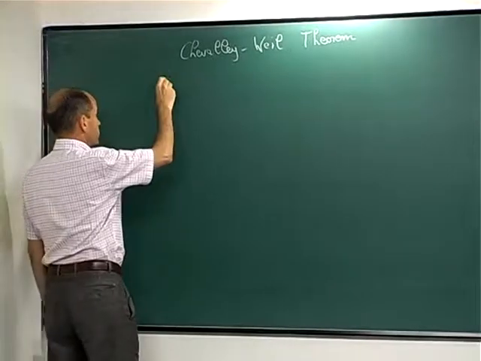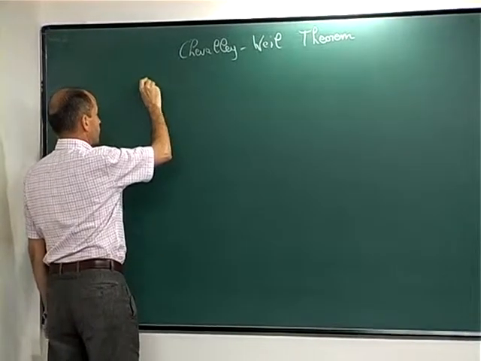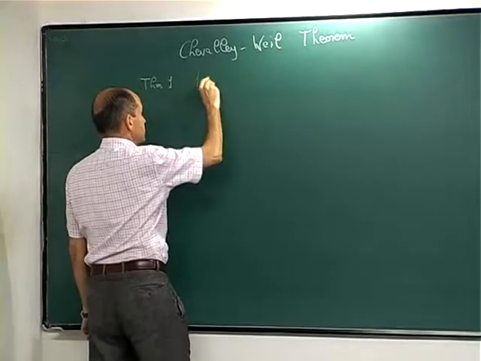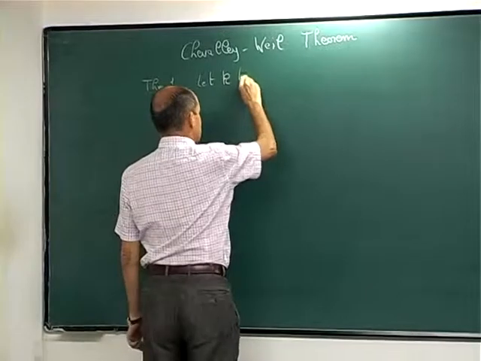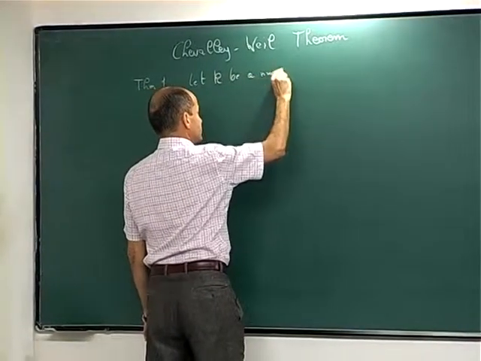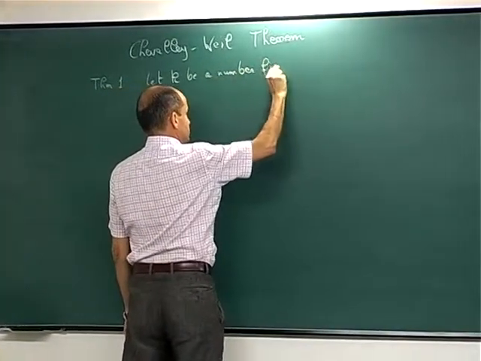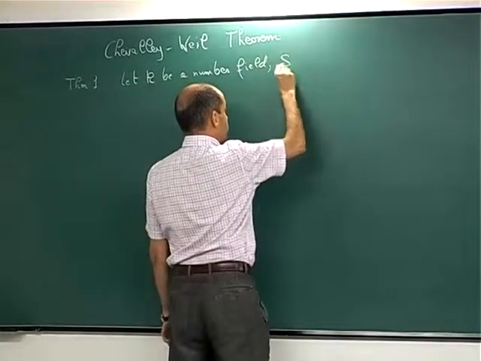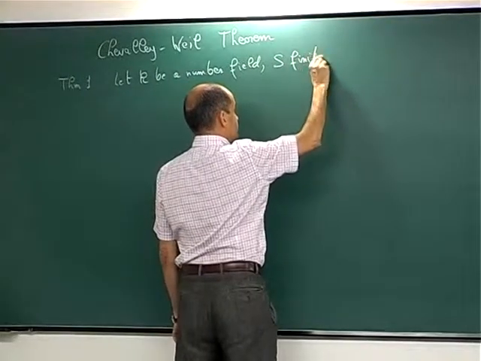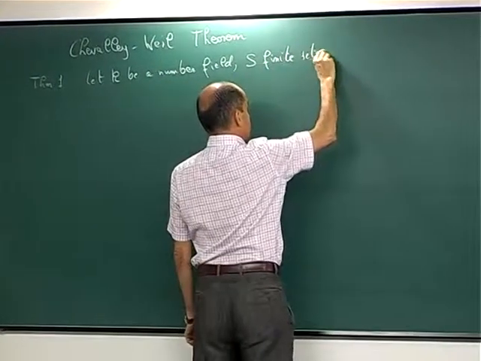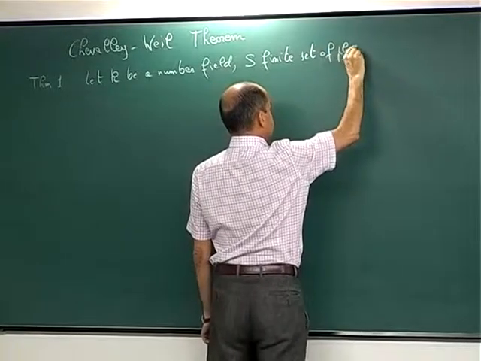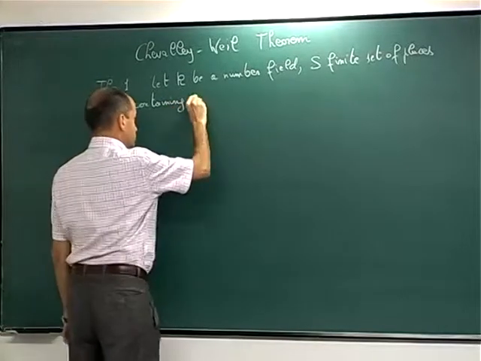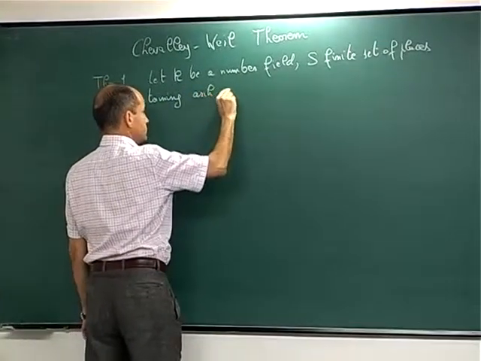So the first formulation is: let K be a number field and S a finite set of places containing the Archimedean ones.